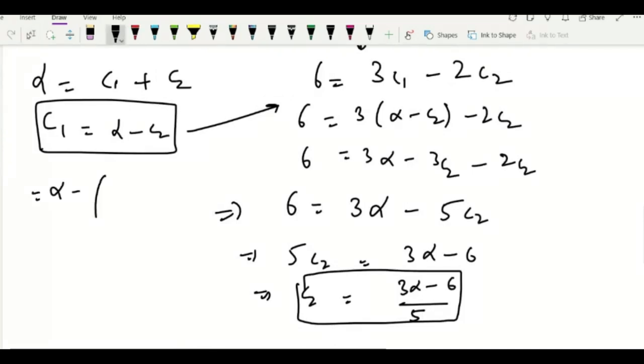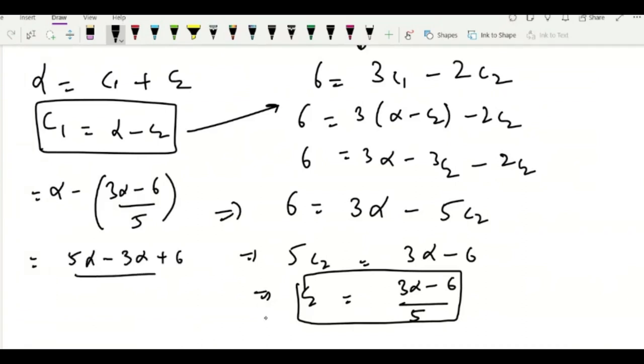So alpha minus c2, with c2 as 3 alpha minus 6 upon 5, is equal to 5 alpha minus 3 alpha plus 6 upon 5, which is equal to 2 alpha plus 6 upon 5.